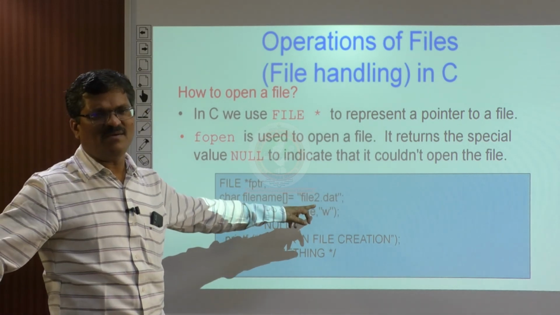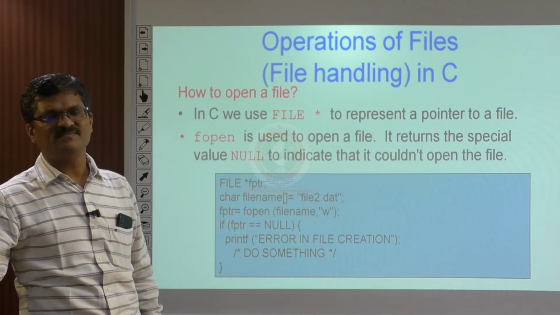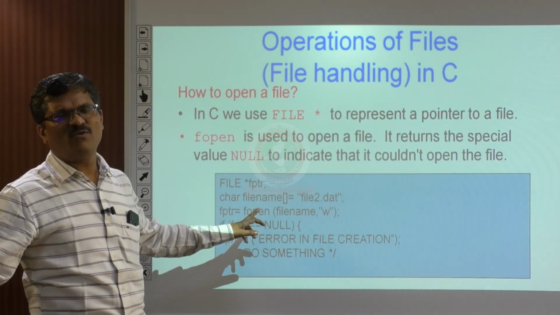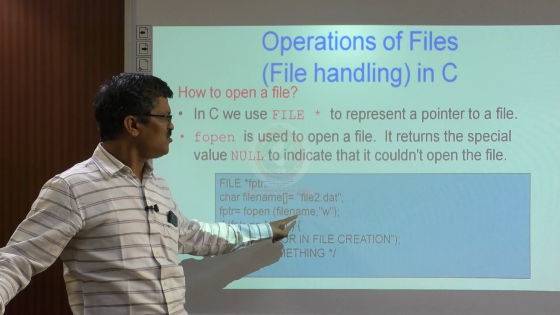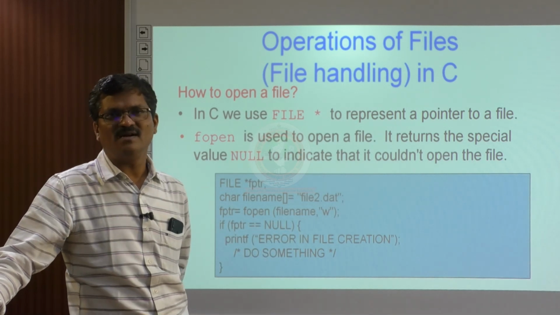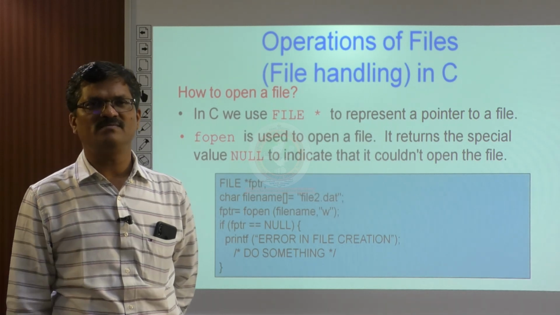This is the file name we are considering as an example, file2.dat. And how to use the fopen command? The first argument will be the file name, followed by the second argument w, which indicates the mode in which the file is to be opened.